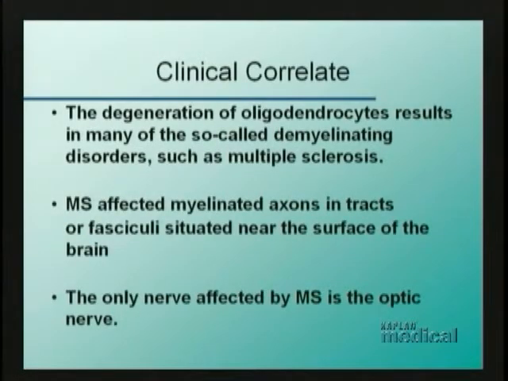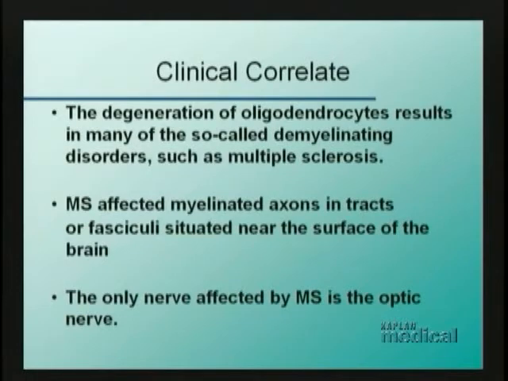And finally, we know that there are two different forms of demyelinating diseases associated with axons whose myelin is formed by either Schwann cells or oligodendrocytes. When oligodendrocytes are affected by a so-called central nervous system demyelinating disorder, the most common of these disorders is known as multiple sclerosis.